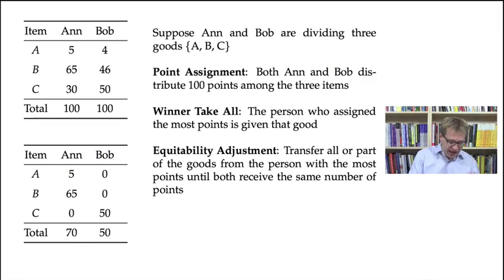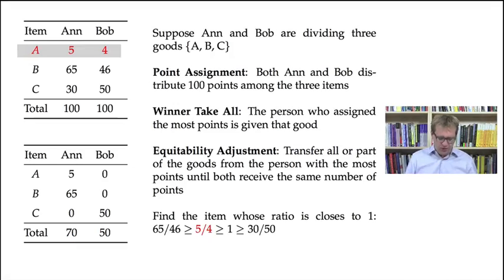Since Ann initially has the most points, we're going to slowly transfer some of the goods that she has to Bob. So the first question is, which good should we transfer from Ann to Bob? What we're going to do is look at the ratio of the initial point assignments. So we look at 5 over 4.